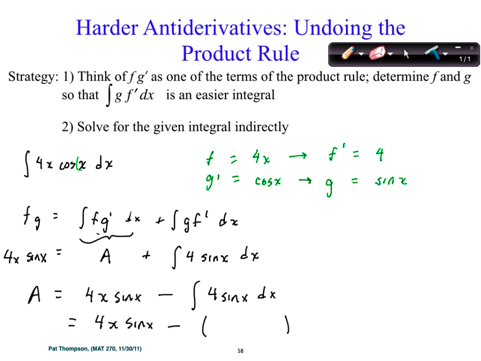What function gives us the derivative of sine x? Negative cosine, right? So it would be negative 4 cosine x. And then this is all possible net accumulation functions, so we have the plus c. So this ends up being 4x sine x plus 4 cosine x. Did I do all the math right?